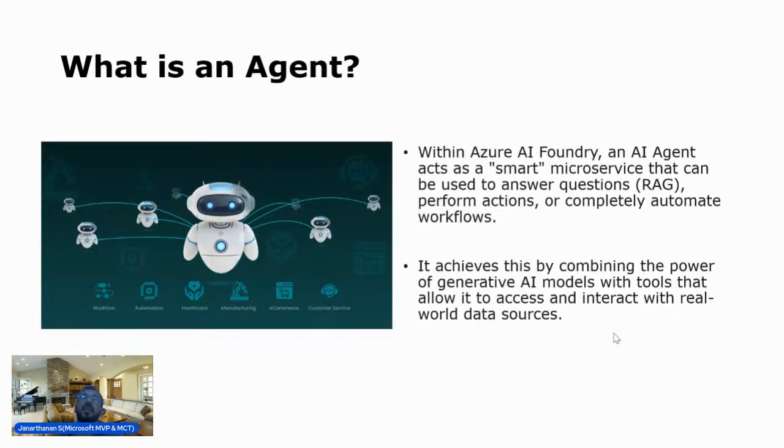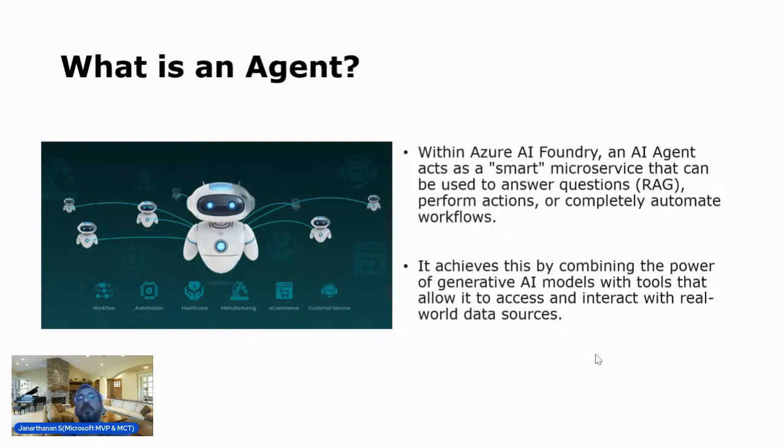And what is an agent actually? When it comes to an agent, you can leverage your existing generative AI services as well as models, and you can automate your entire workflow with the help of agents. You will be able to perform various types of tasks and activities with the help of the Microsoft AI agent services.